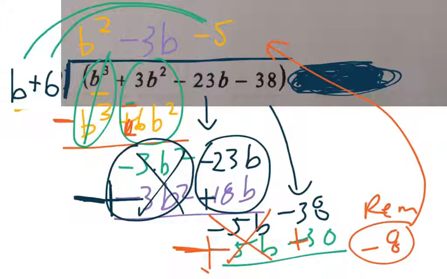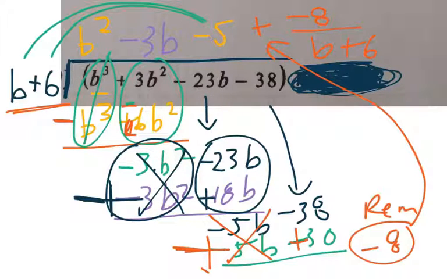So bringing it up here, I know I'm going to do a plus negative 8 over my divisor, which is b plus 6. And that is how you do long division, guys. This is definitely a video you may want to watch again.